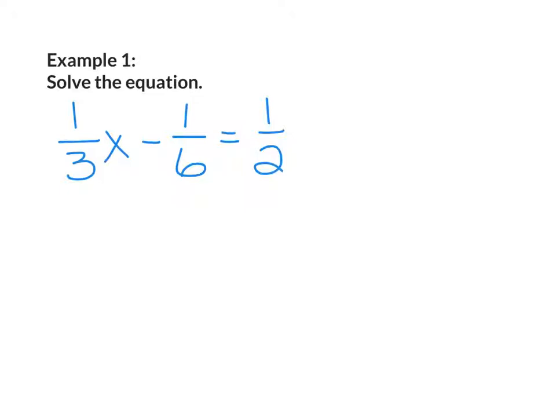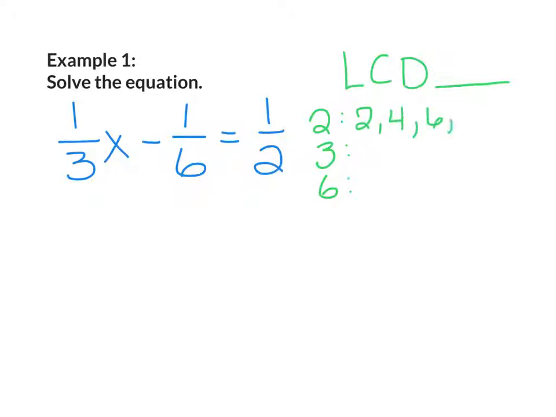So in order to solve this, I need to first find the lowest common denominator. In order to find that, I need to list my denominators, which are 2, 3, and 6. I'm going to list my multiples first for 2, which are 2, 4, 6, 8, and 10.